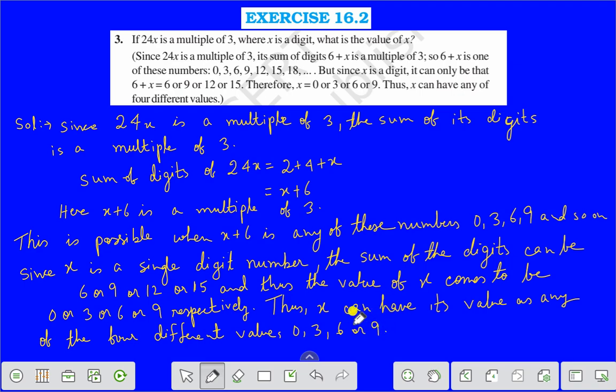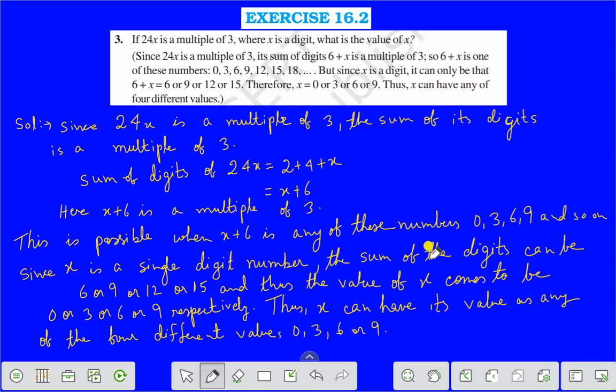Let us repeat once again. Here you see that since 24x is a multiple of 3, the sum of its digits is a multiple of 3. Sum of the digits of 24x is 2 plus 4 plus x, that is x plus 6. Here x plus 6 is a multiple of 3. This is possible when x plus 6 is any of these numbers, that is 0, 3, 6, 9 and so on.